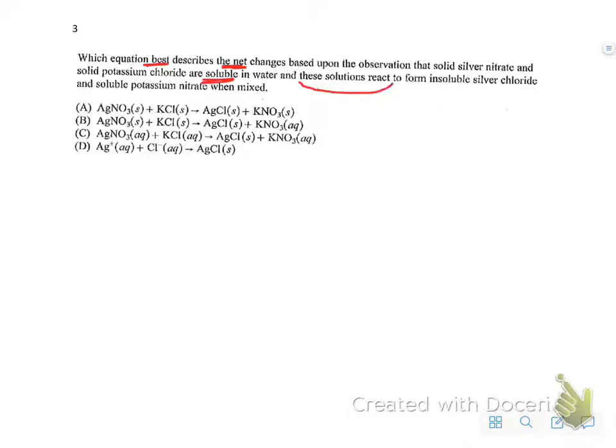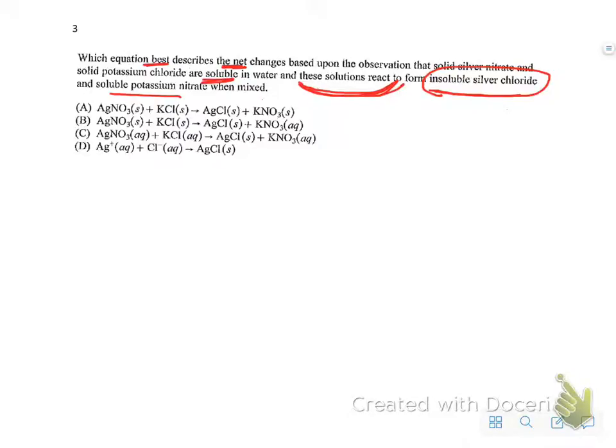These solutions react to form insoluble silver chloride and soluble potassium nitrate when mixed. Okay. Lots of key words in there. So first thing, the one thing that I know I've got to have is insoluble silver chloride, but it turns out all the possibilities have insoluble silver chloride. They're talking about the solutions reacting, so that's a key there.